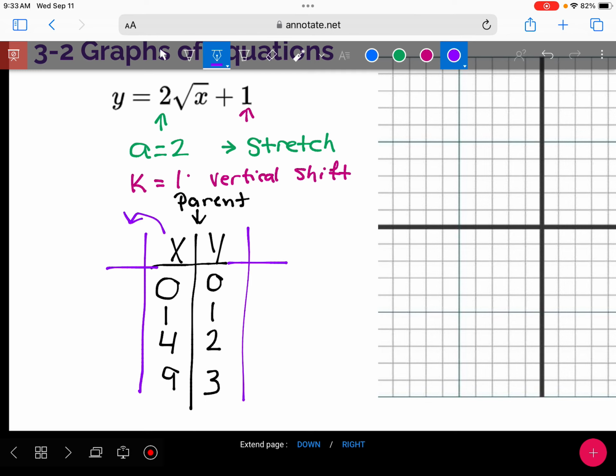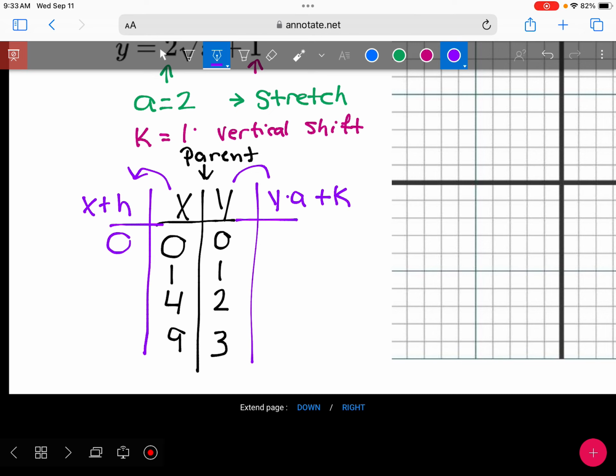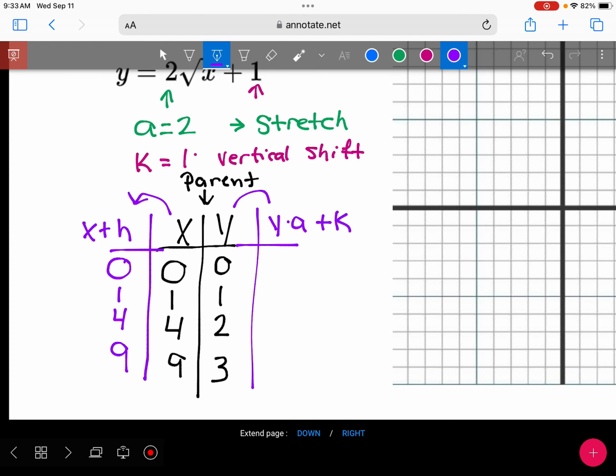I'm going to take my x plus h. We don't have any h here, but I'm just going to write it down because it's great practice. And on our right-hand side, we take our y times a plus k. So we do not have any h transformations here. So my x's are going to be exactly what they were, 0, 1, 4, and 9. Then I need to take my y values times our a, so times 2 plus 1.